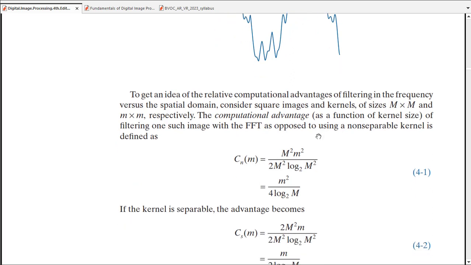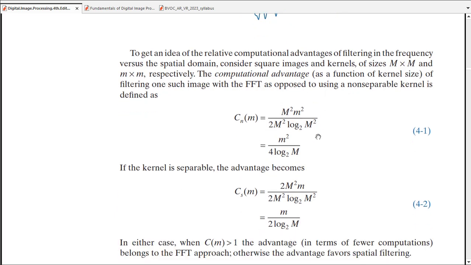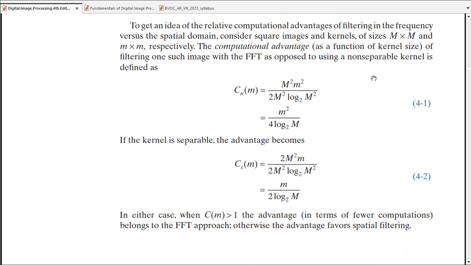The fast Fourier transformation is applicable with computational advantages for an M by N image, where M equals N. This is a non-separable kernel.